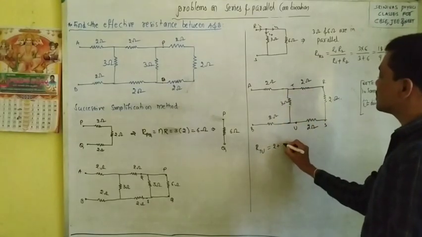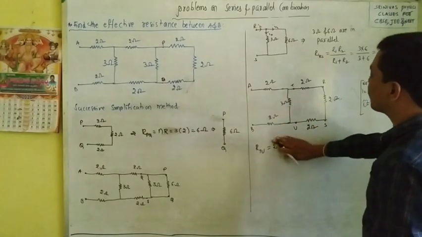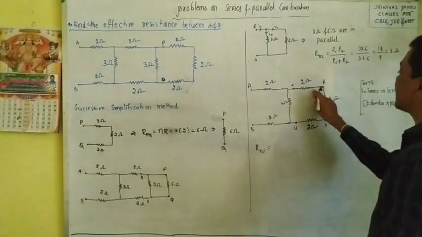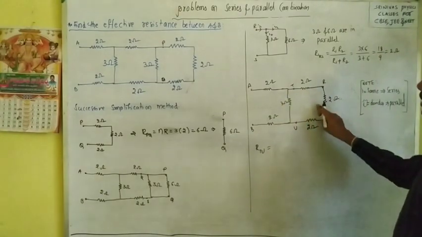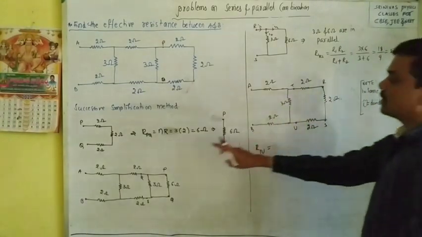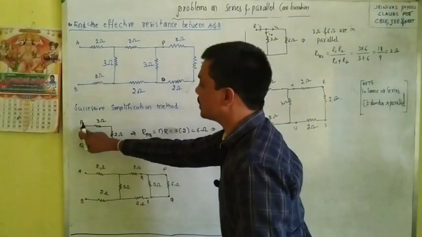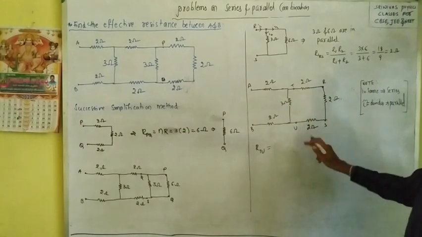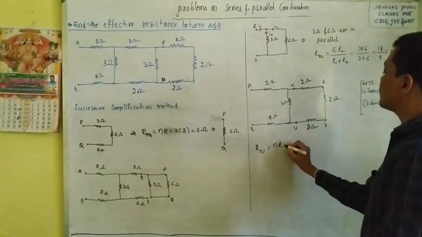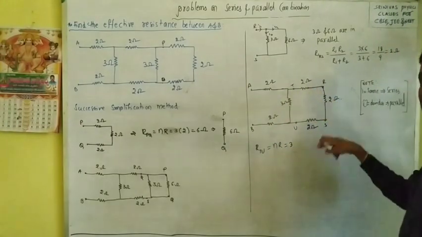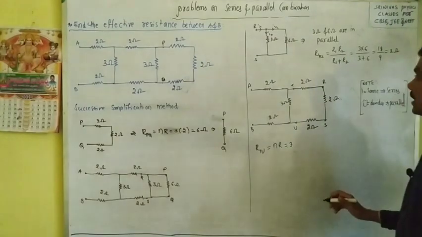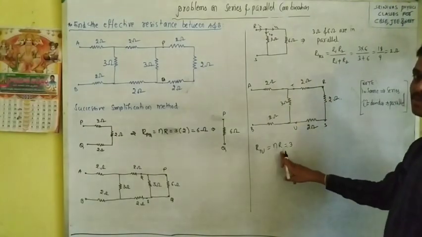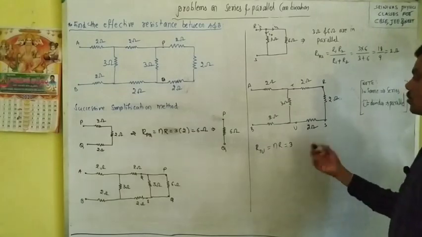2 plus 2 plus 2, or we can use the NR formula, because these 3 are in series. If you remove this part and draw again, then we will get T U here same as this. Then we will get the effective resistance as 2 plus 2 plus 2. In series combination we use the NR formula for identical resistors. R1 plus R2 plus R3 and so on up to Rn.